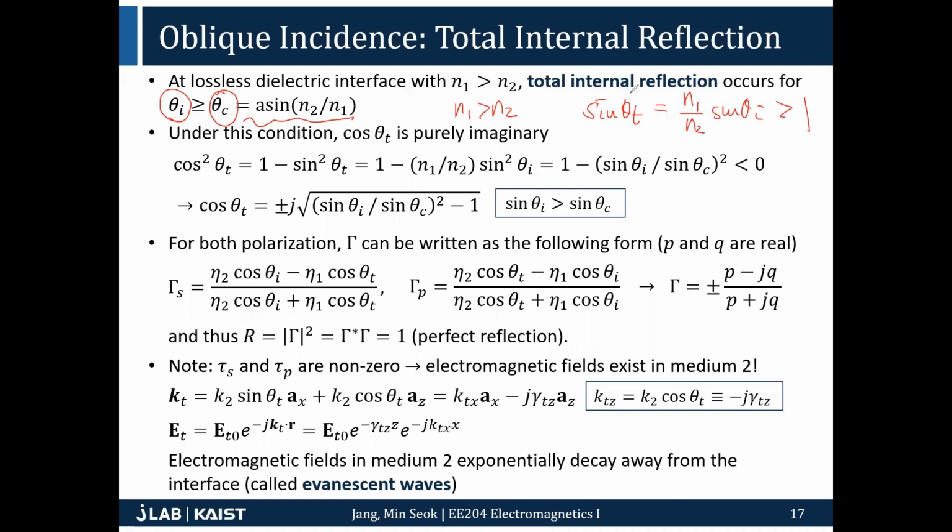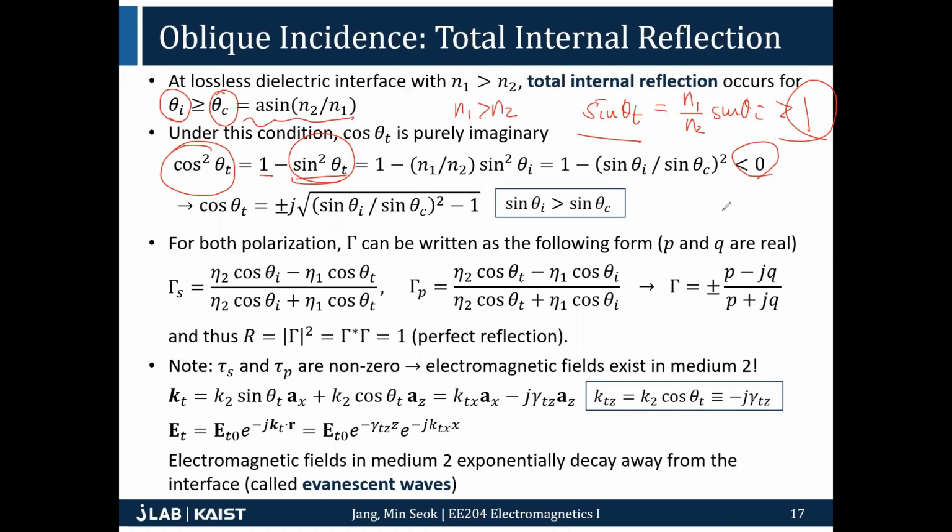It doesn't have a physical meaning anymore. But anyway, if theta t is a complex number, then sine theta t can be larger than 1. You can find the theta t that satisfies this condition. Then cosine theta t, which is the square root of 1 minus sine squared theta t, and because sine squared theta t is larger than 1, cosine squared theta t is smaller than 0, and it's a real number.